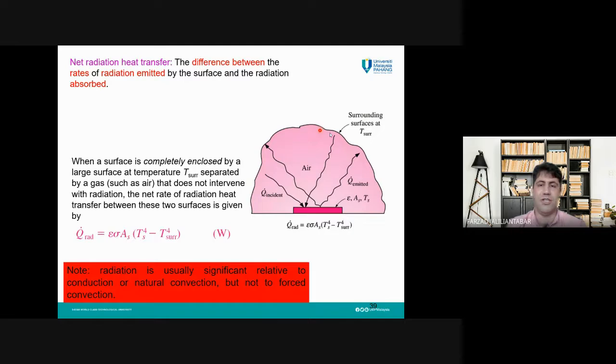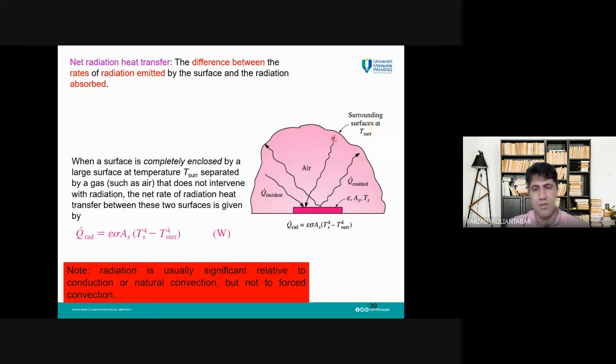This is an imaginary surface. In some cases we can have that, but we can imagine it in the real world. For example, if we have a surface, we can imagine the air in the surrounding forms another surface, whose temperature is the temperature of the surrounding.